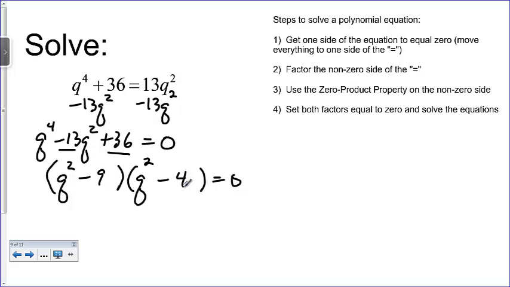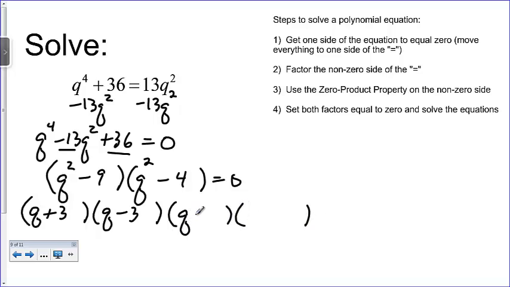Now if you look at those two binomials, those are both factorable further. The q squared minus 9 is a difference of squares: q plus 3, q minus 3. The q squared minus 4 is a difference of squares: q plus 2, q minus 2.